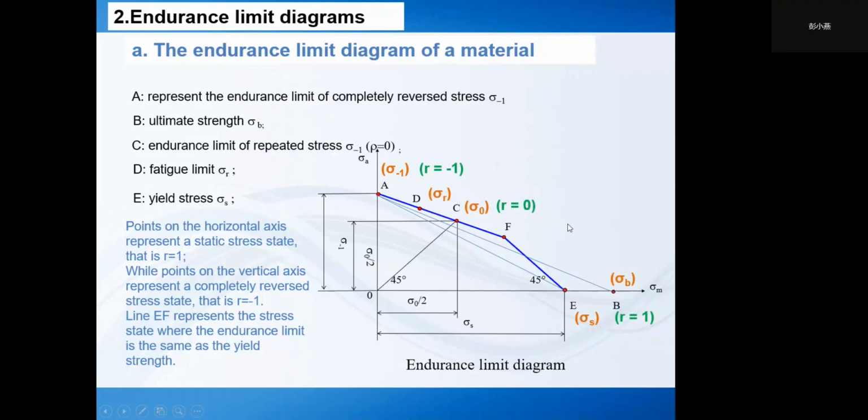The points on the horizontal axis have R equal to 1, so they represent a static stress state. And points on the vertical axis represent a completely reversed stress, that is R is -1.